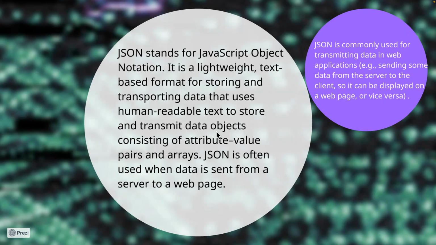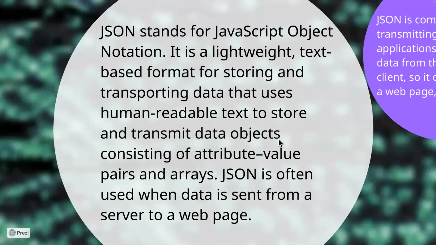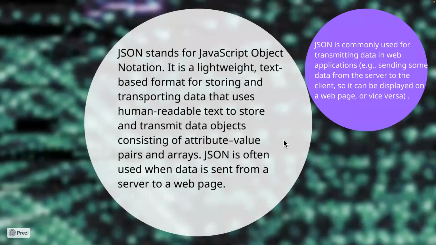So it's data stored in objects like what we went over in algos yesterday, objects that store key value pairs. JSON is often used when data is sent from a server to a web page. JSON is commonly used for transmitting web data.